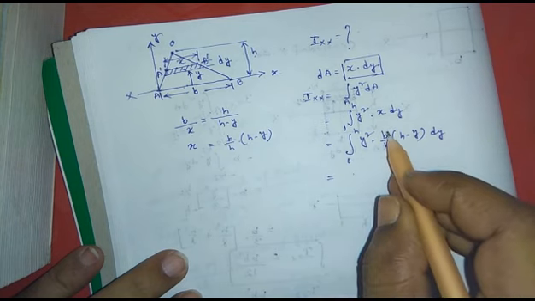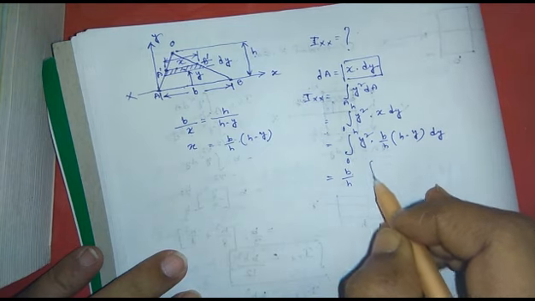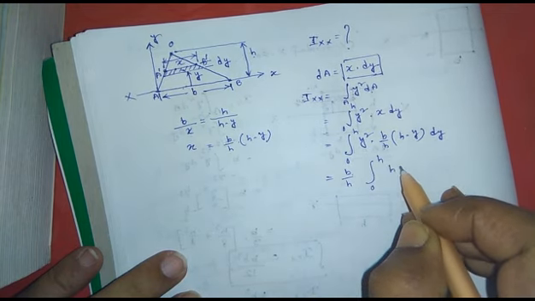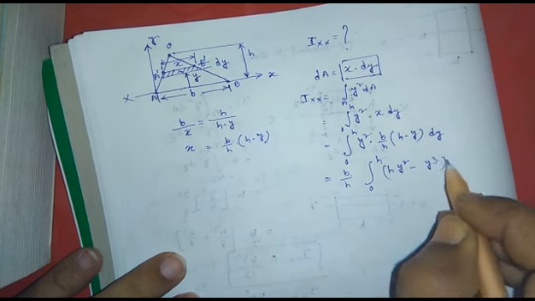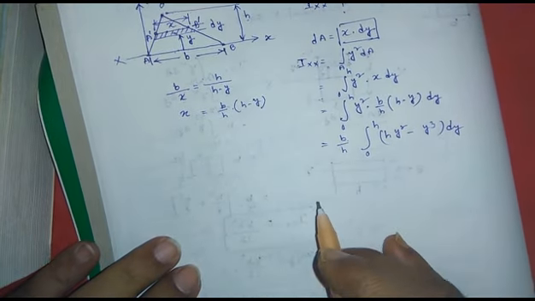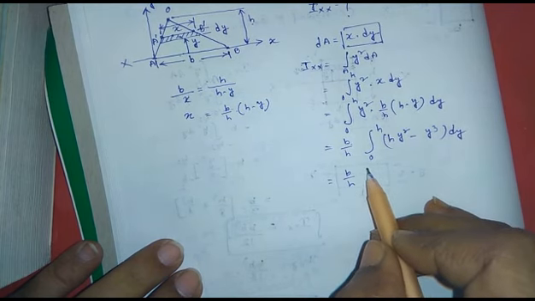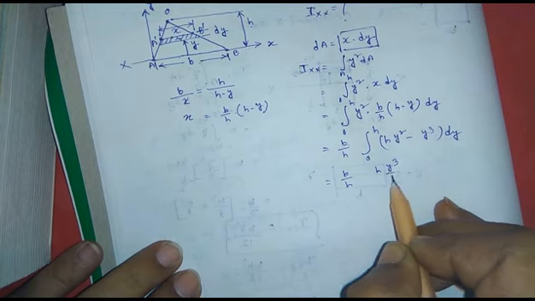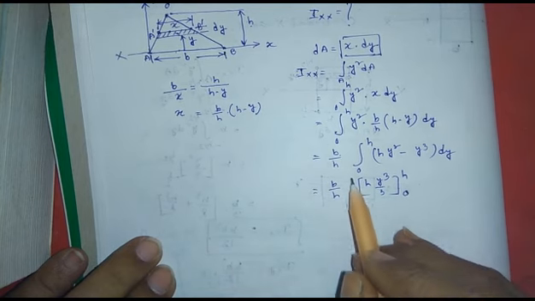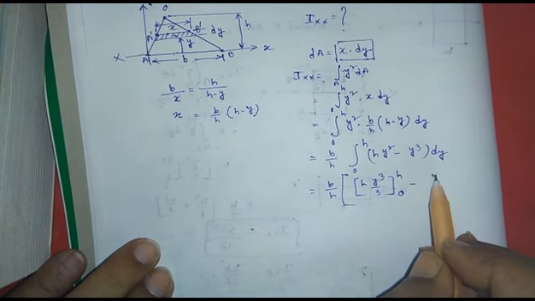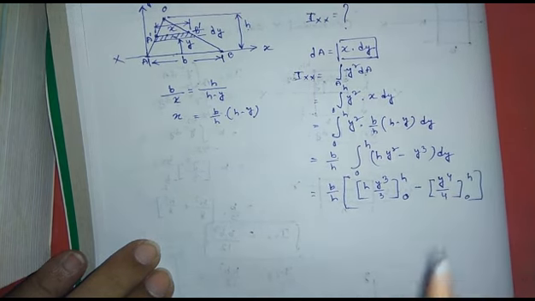So b by h is constant. Within the integration, it is (h y square minus y cube) dy. So b by h coming as h y cube by 3, 0 to h, minus y to the power 4 by 4, 0 to h.